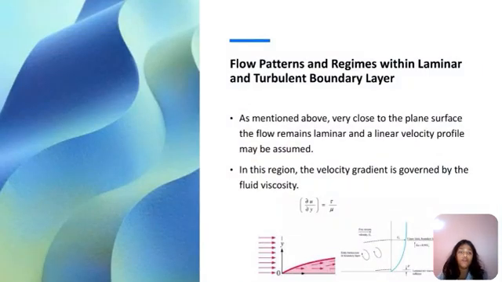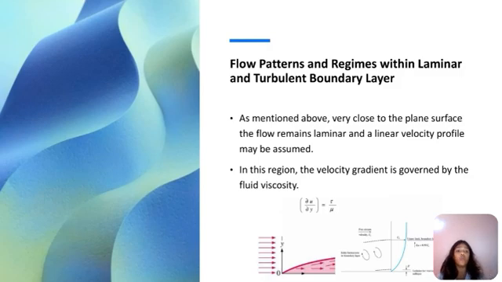Then, flow patterns and regimes within laminar and turbulent boundary layers. How the flow patterns show, as we saw above in the slides. Very close to the plane surface, the flow remains laminar and a linear velocity profile may be assumed.